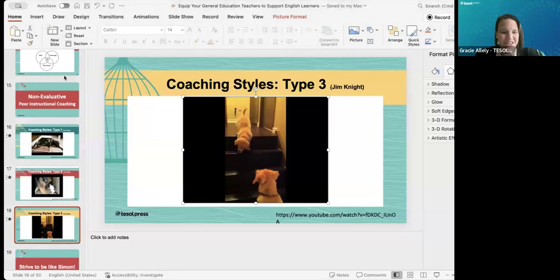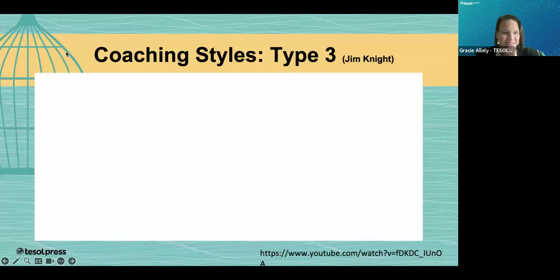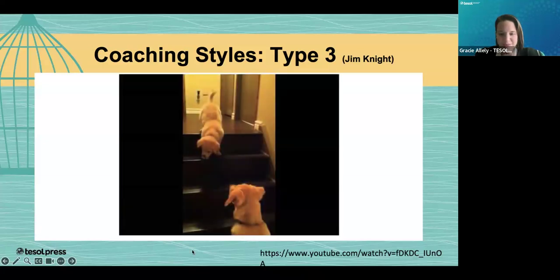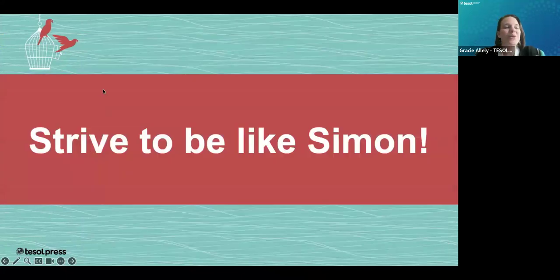Any last thoughts on this third version of transformational coaching? Wonderful. Okay, so after watching, these are the three different types of coaching as defined by Jim Knight.